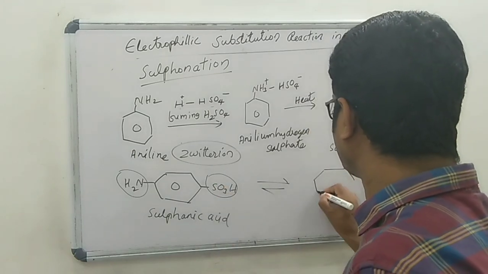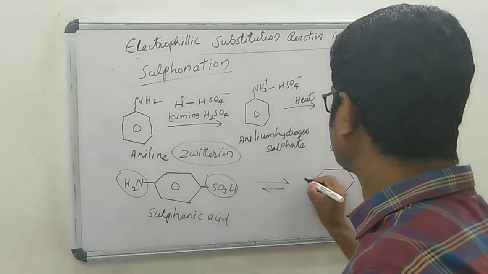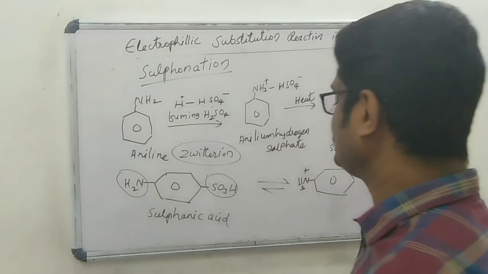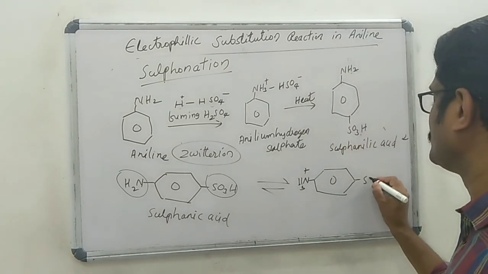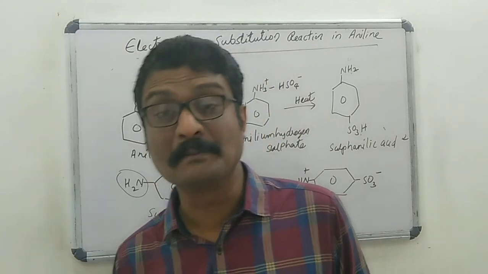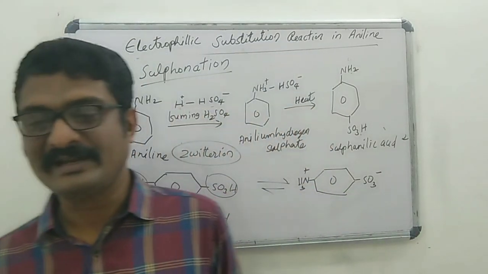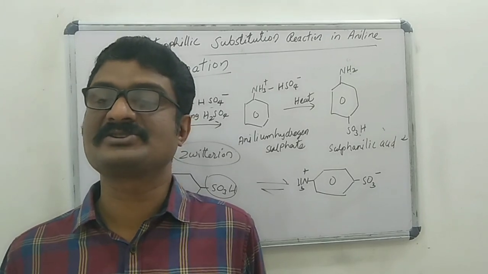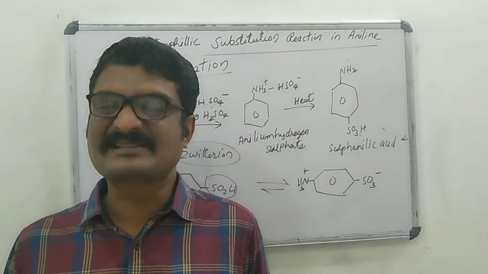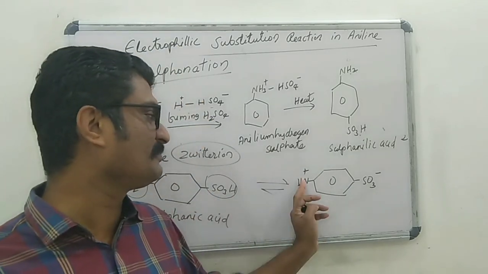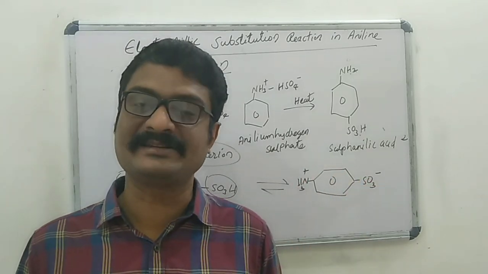The NH2 group becomes NH3 plus, and the SO3H group becomes SO3 minus. Then the sulfanilic acid exists as a dipolar ion, with a positive pole and a negative pole.